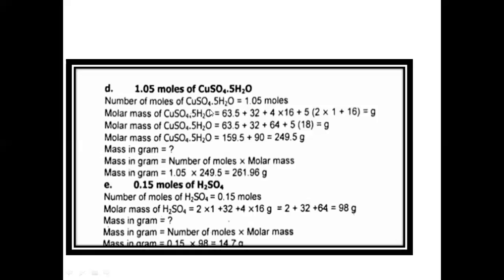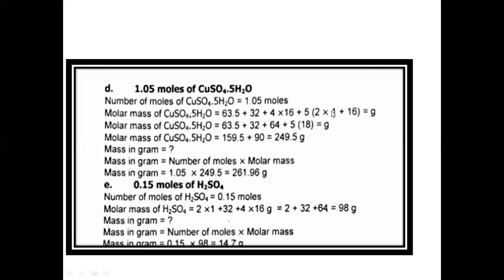Number of moles of copper sulfate pentahydrate given is 1.05 moles. Molar mass of copper sulfate: copper is 63.5, sulfur is 32. There are 4 oxygen atoms, so 4 multiplied by 16, the atomic mass of 1 oxygen, plus 5 water molecules, and inside each there are 2 hydrogen, where atomic mass of 1 hydrogen is 1, and atomic mass of oxygen is 16.